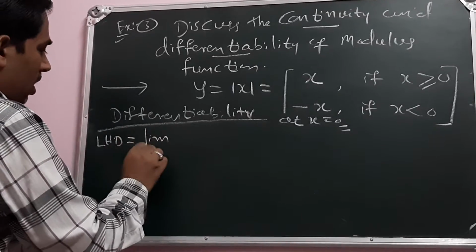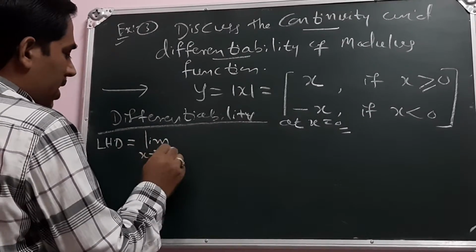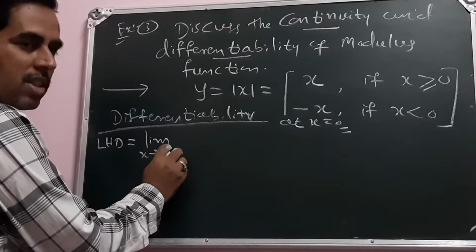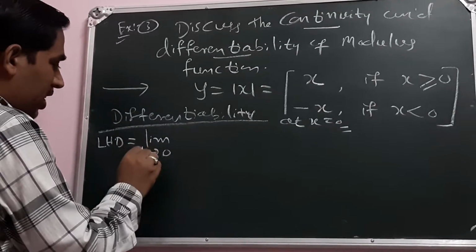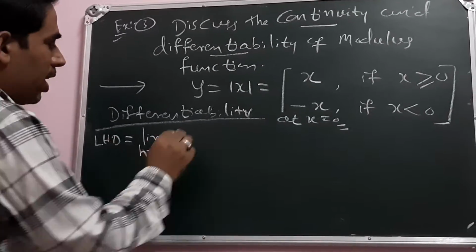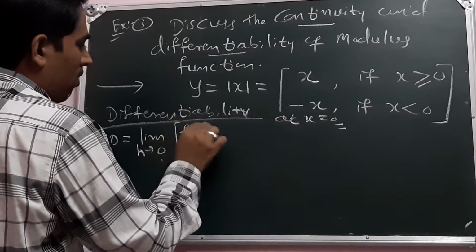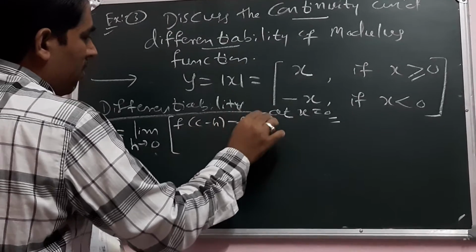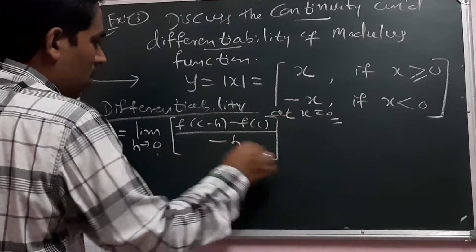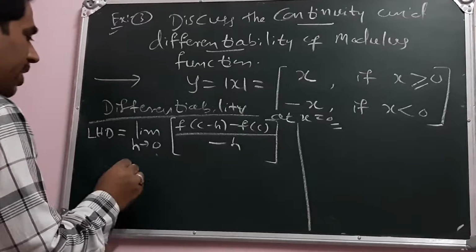That is limit of x tends to, what is the point here? 0. So you need not write minus or plus. Simply we write h tends to 0. So what was our left hand derivative? f of c minus h minus f of c divided by minus h. This was the left hand derivative.